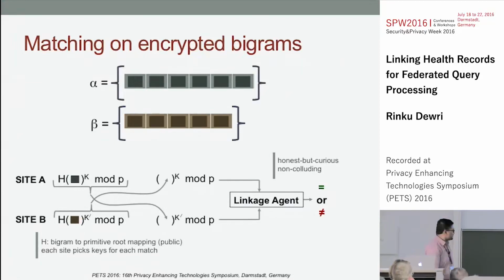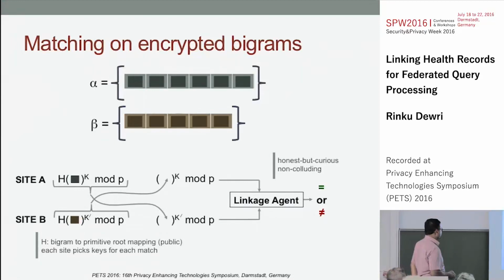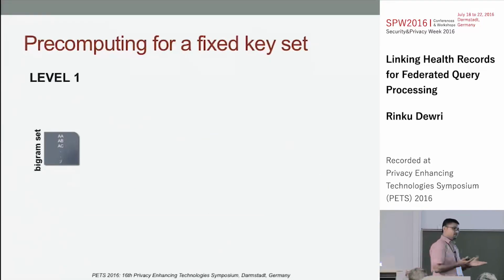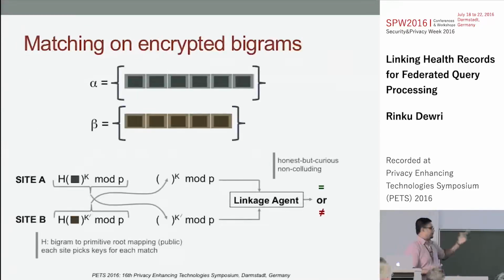So the first thing we do is say, okay, let's not have both sides pick these keys every time you have to compare bigrams. Let's decide on a fixed set of keys and pick keys from that particular set, because that gives us the ability to pre-compute all these different exponentiations.